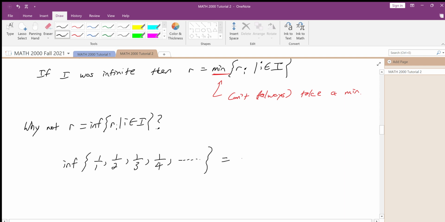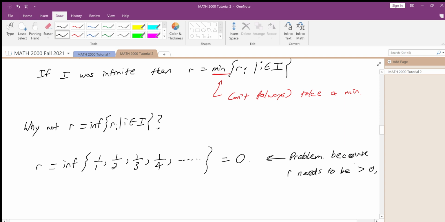This infimum is 0. So if R is equal to 0, this is a problem, because R needs to be strictly greater than 0.